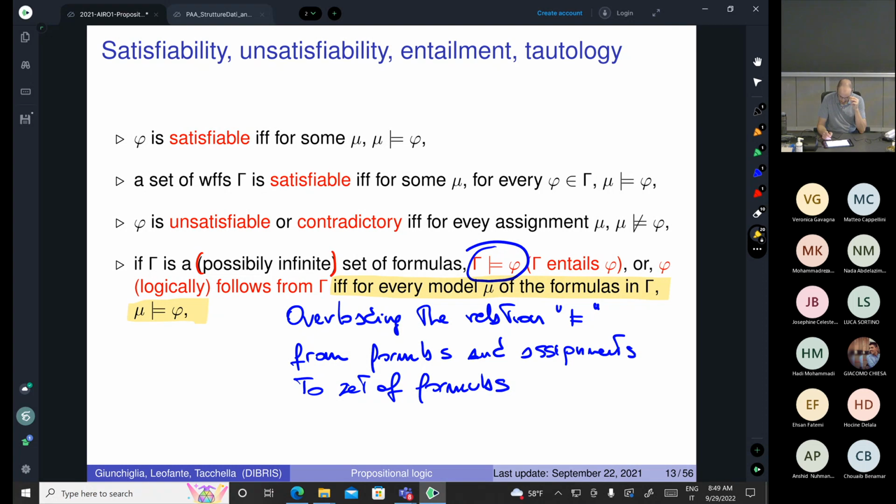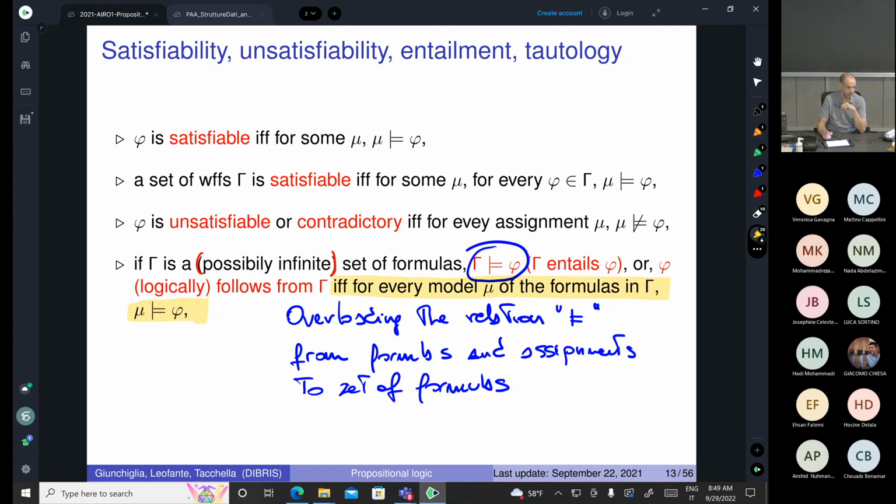So what we have here is that mu needs to satisfy all the formulas in gamma, and also phi. If you can bring up all the models of gamma and you find out that they also satisfy phi, then this works.